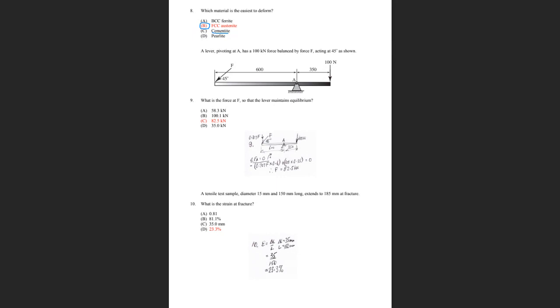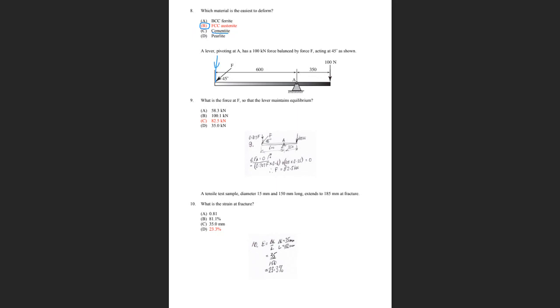Question 9, a lever pivoting at A has 100 kilonewton force balanced by a force F acting at 45 degrees as shown. What's the force at F so that the lever maintains equilibrium? Well, the best way to do this is to break that force up into a vertical component.